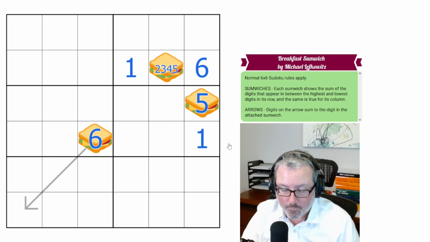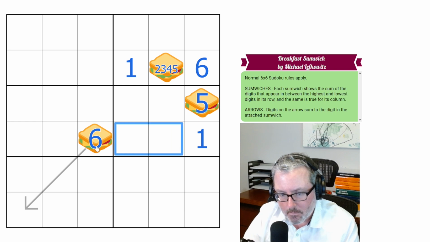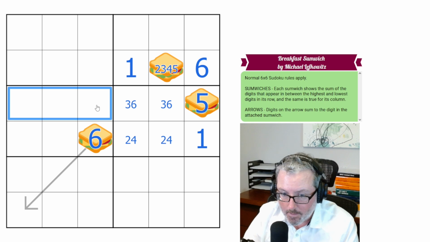Well, there we go. Now, we've got the 1, 6 here. These have to equal 6 because that's in between the 1 and the 6. So these have to be 2 and 4. They can't be double 3 and they can't be 5, 1. So this is a 3, 6 pair. Now, one of these is a 6, so there has to be a 1 out here somewhere and it has to equal up to 5.